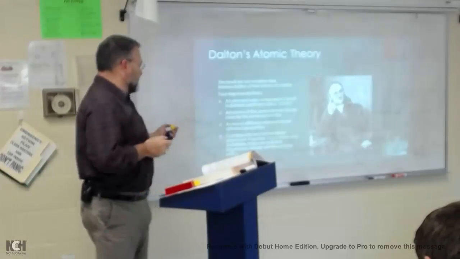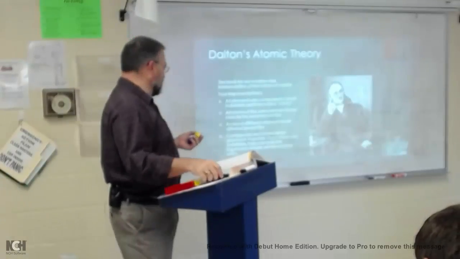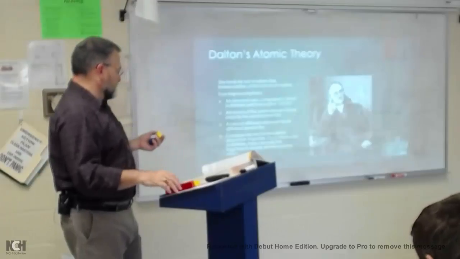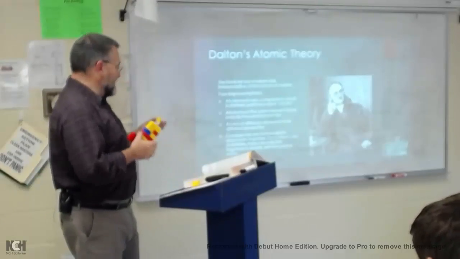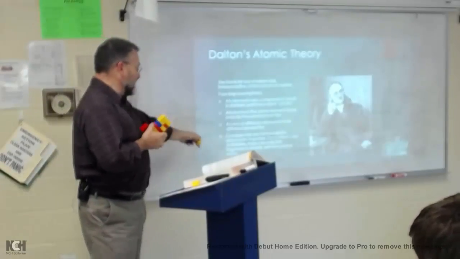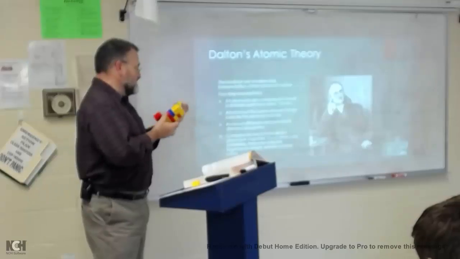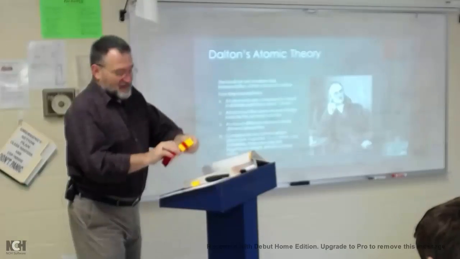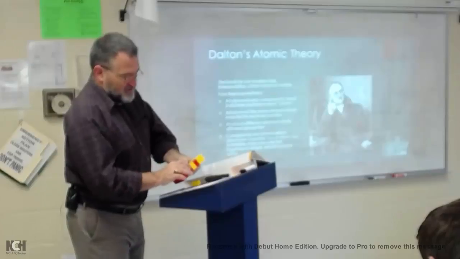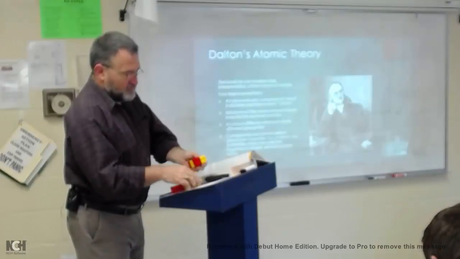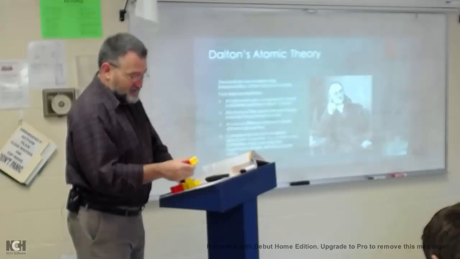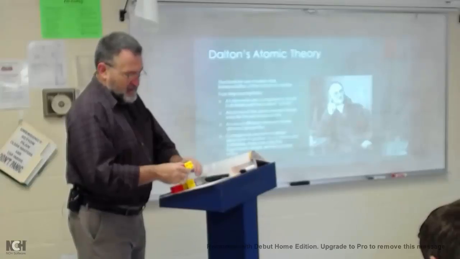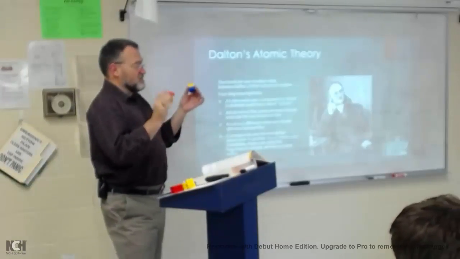And lastly, that compounds are formed when atoms join together. And since they can only join together in simple whole number ratios, because you can't divide them. In other words, let's say that I have a structure here that is made up of these 4 Duplos, these four different atoms.